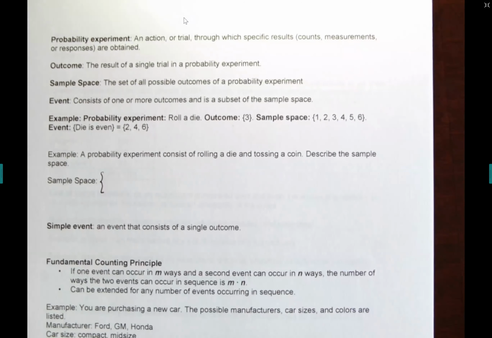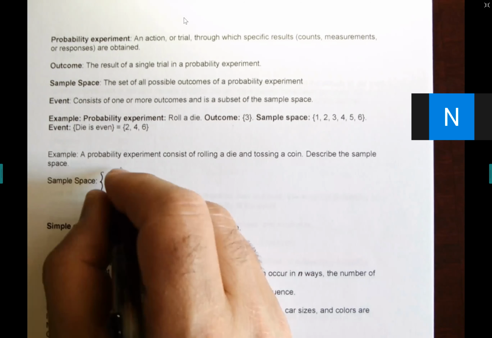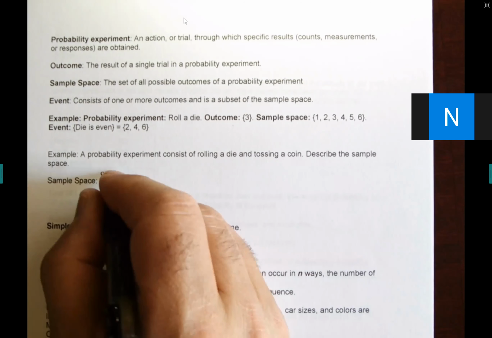What could you get if you roll a die and toss a coin? You can get 1, 2, 3, 4, 5, 6 for the die, and then heads and tails for the coin, right? Yep. But put them together because you're doing it together. You're seeing 2 actions at once, 2 things happening at once. So, what would you get first? What would you see?